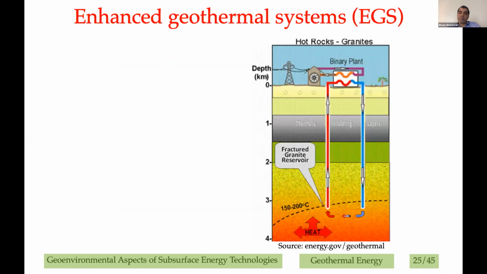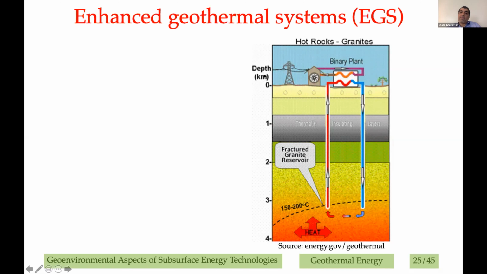You can see here on the right of your screen a typical schematic of the geothermal energy in terms of temperature. Typically, the bedrock is somewhere between 150 to 200 degrees Celsius. A typical crystalline bedrock, a fractured granite reservoir, where the cold water is injected and recirculated from the production well in the power plant, and the electricity will be generated.